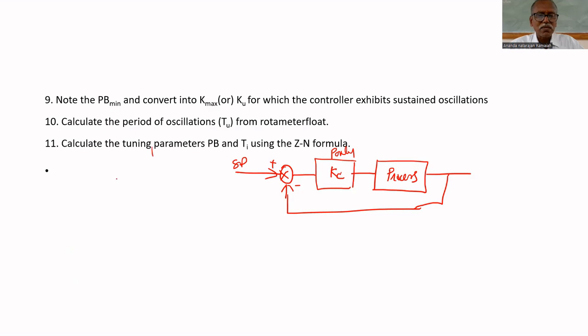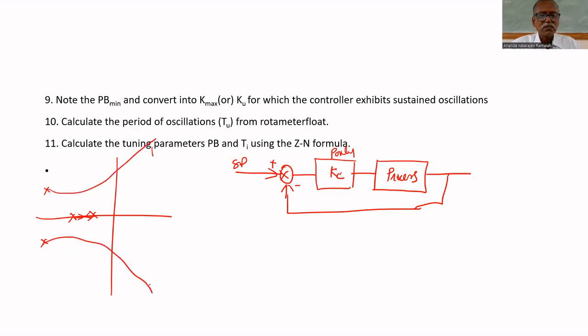Because if it is fourth order, let us have between these two, this will go like this, this will go like this. This is the root locus diagram.